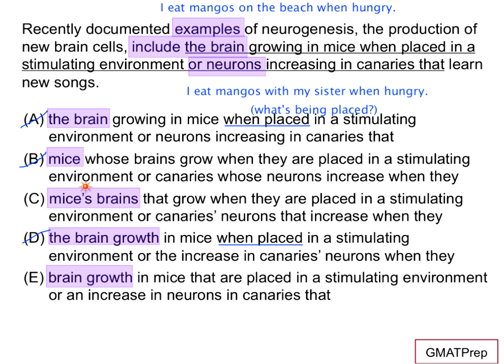Now, there's one circumstance in which you can actually use a pronoun to refer to an adjective, as long as it's in this possessive noun form. And that is when the pronoun itself is also in possessive form. So you can refer to a possessive noun if you've got a pronoun that's in possessive form.